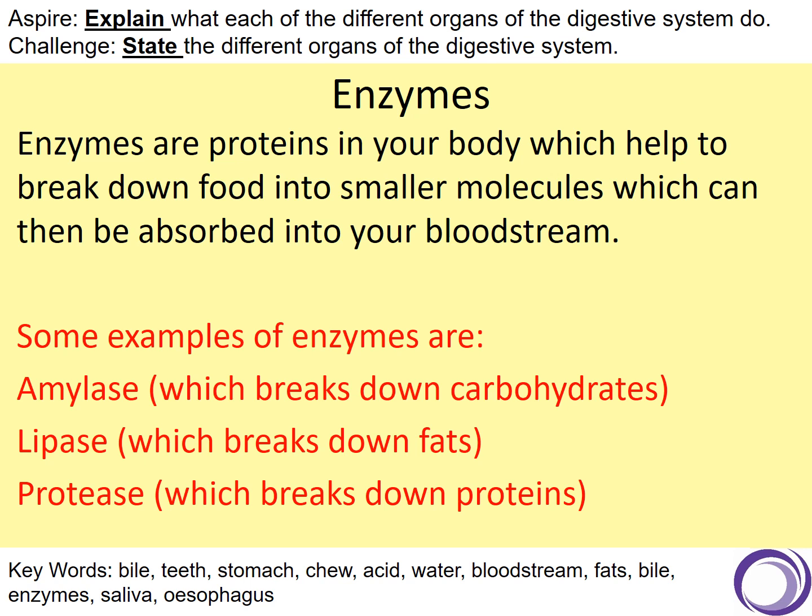So earlier, when I took you through the passage of food through the digestive system, I mentioned to you about a substance called an enzyme. So enzymes are proteins inside our body, and they help break down food into smaller molecules, which then can be absorbed in the small intestine into our bloodstream.